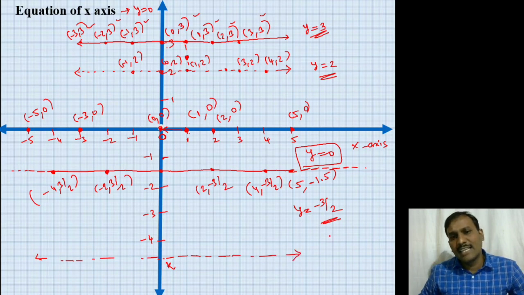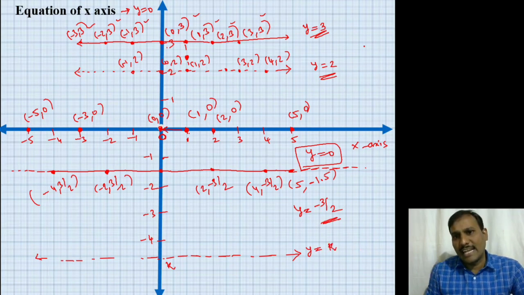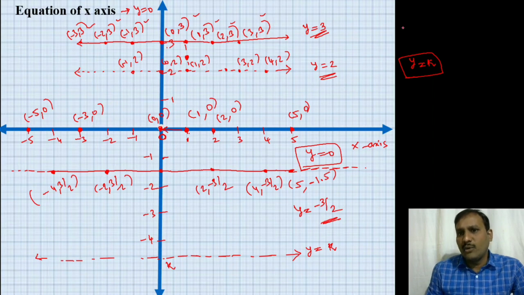Can you tell me the equation of that line? Yes, y is equal to k. So the equation of a line parallel to x-axis is y is equal to k, and the equation of x-axis will be y is equal to 0. These are very, very important points to be remembered.